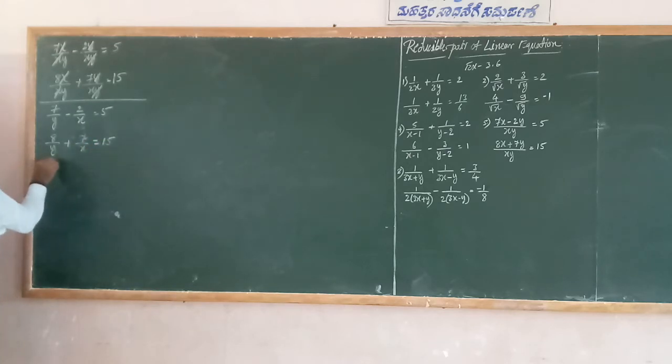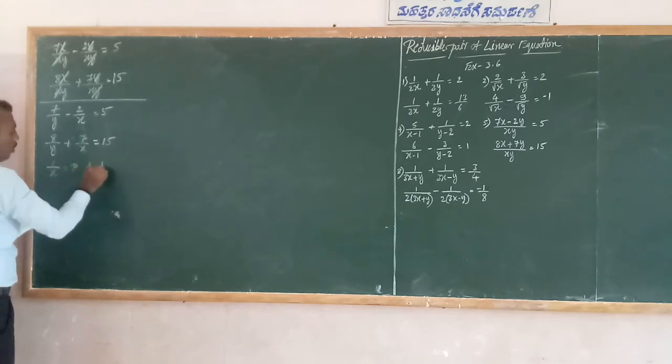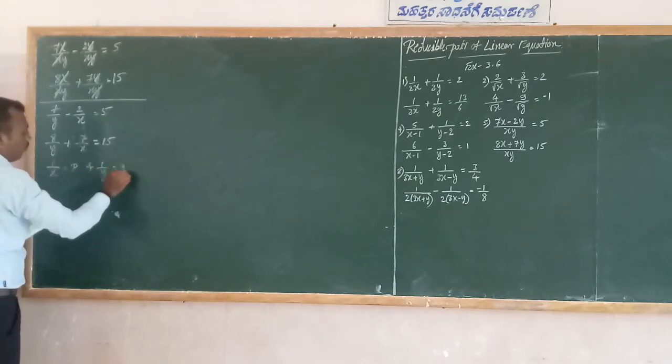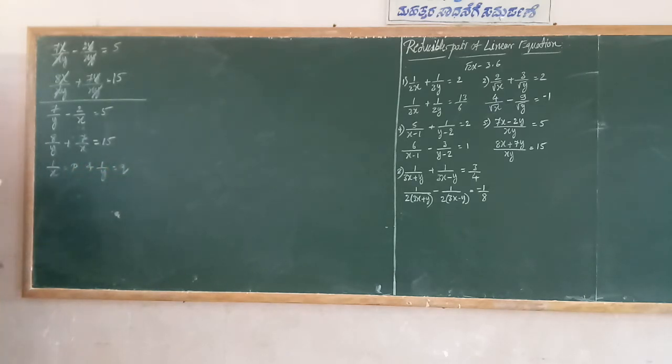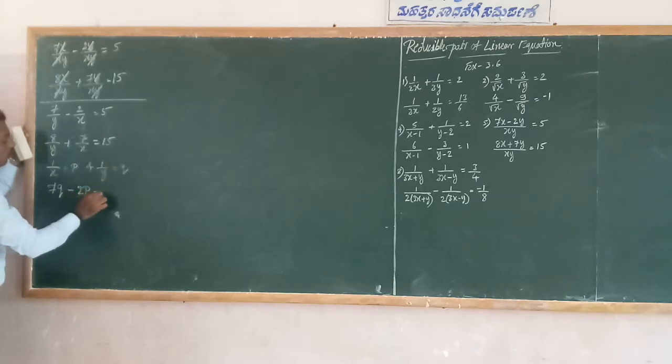Okay. Now you have to take 1 upon x is equal to p and 1 upon y is equal to q. Now see, 7 upon y is there. Therefore 7 times 1 upon y means 7q, minus 2 into 1 upon x means 2p. It is equal to 5.